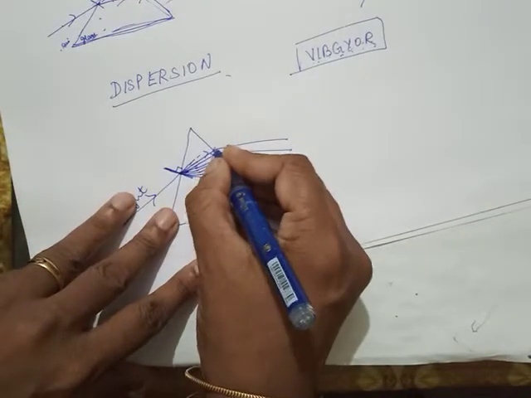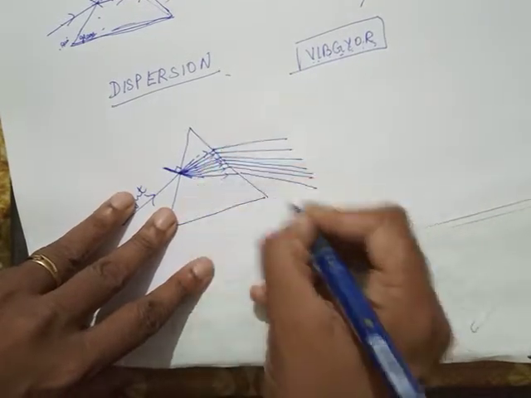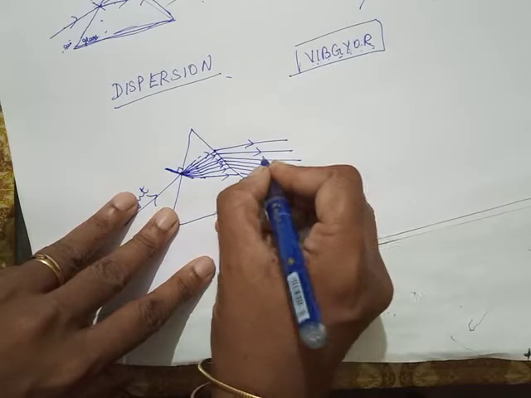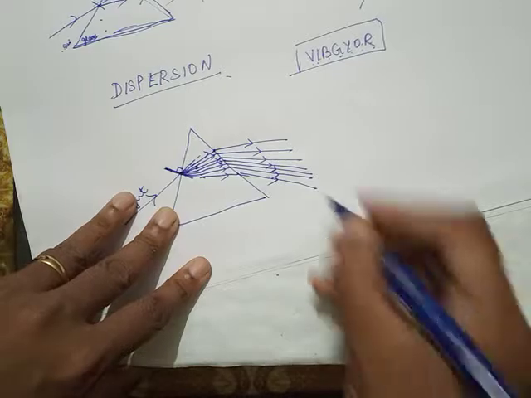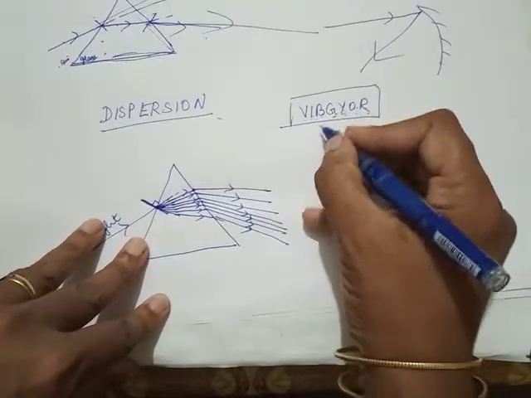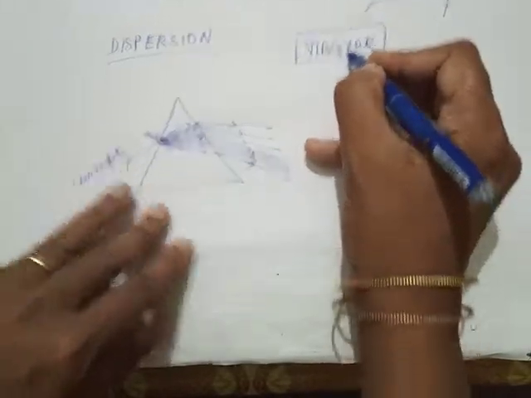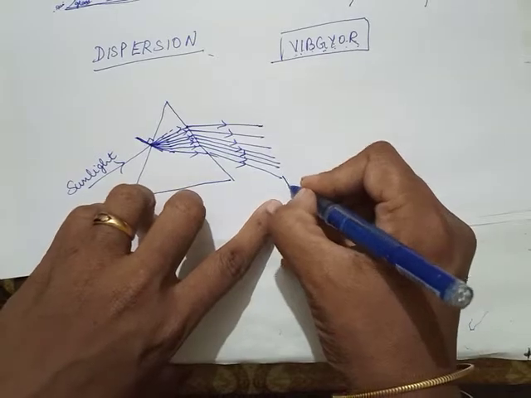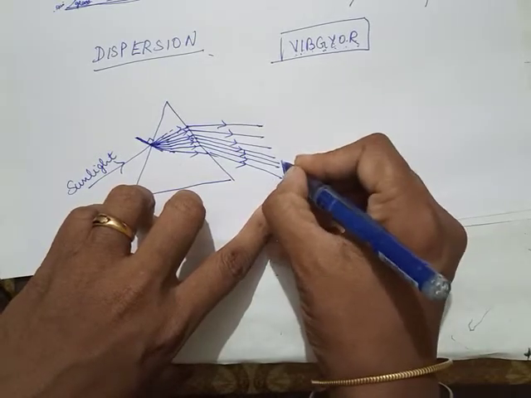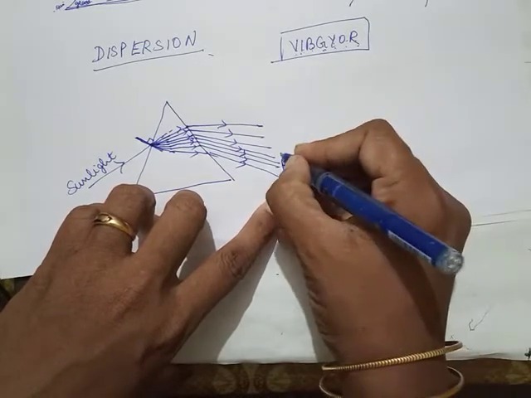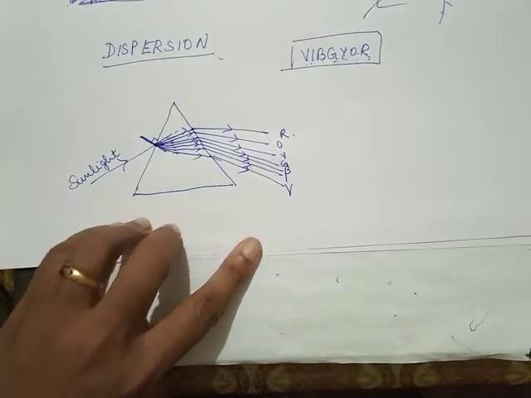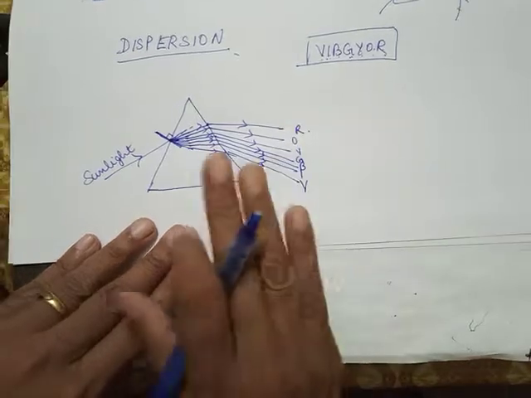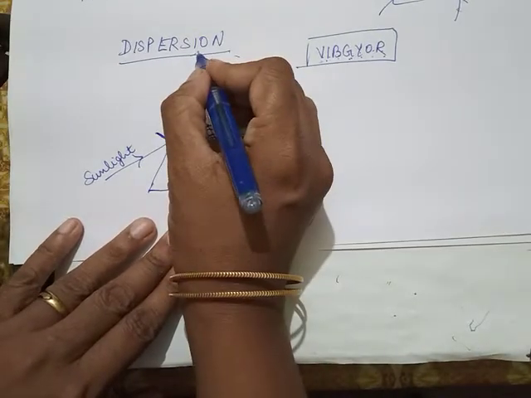Again these 7 lines, after hitting here, they again bend like this. And as I told you, the colors that are formed are WIPGR colors we say, and the last one will be violet, indigo, blue, green, yellow, orange and red. This phenomenon is called dispersion.